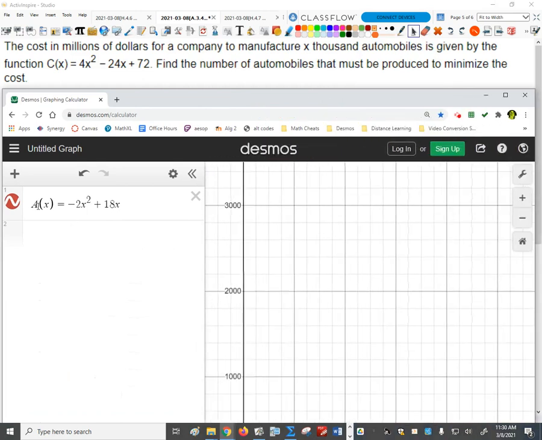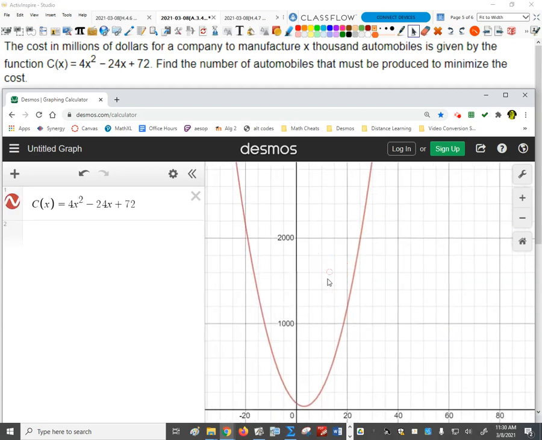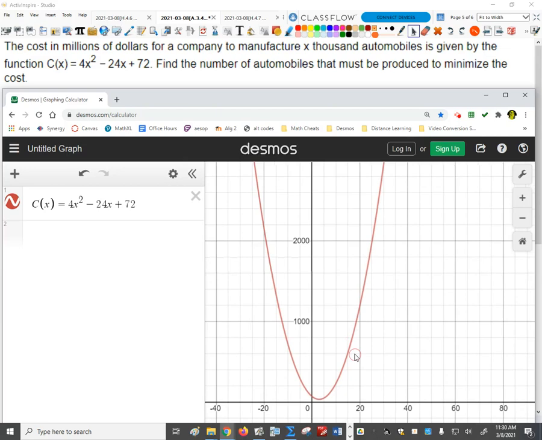Let's graph this thing. We have C of x is equal to 4x squared minus 24x plus 72.